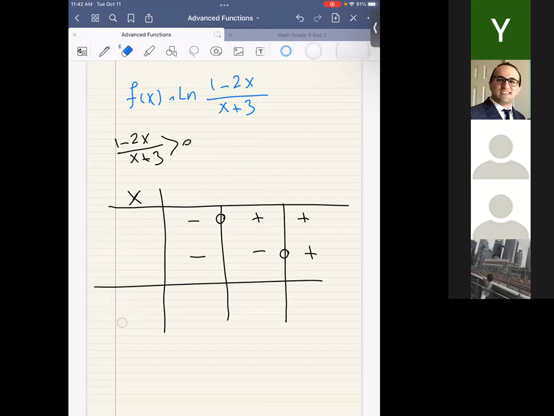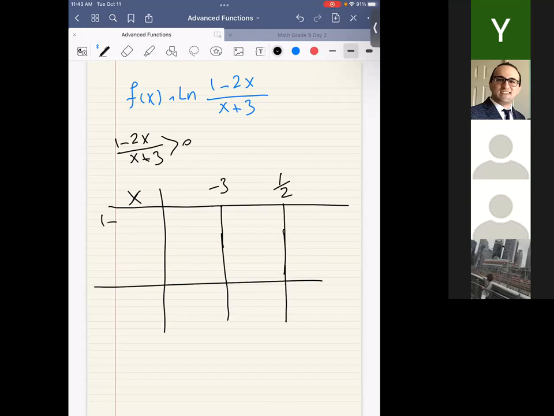So what are the roots of the denominator and numerator? The root of the numerator is 1/2, and the root of the denominator is minus 3.